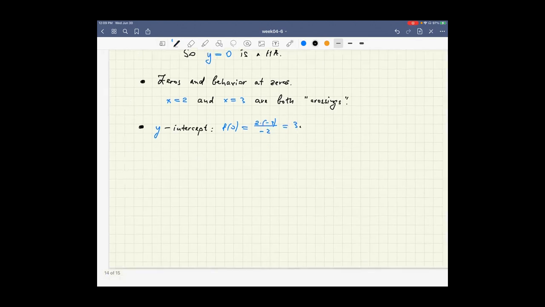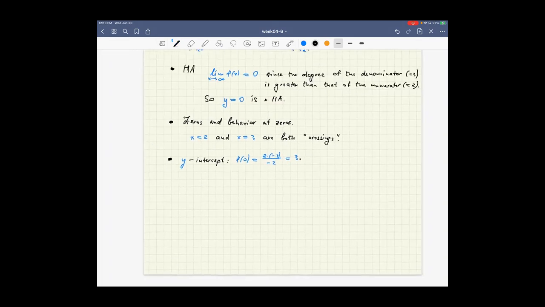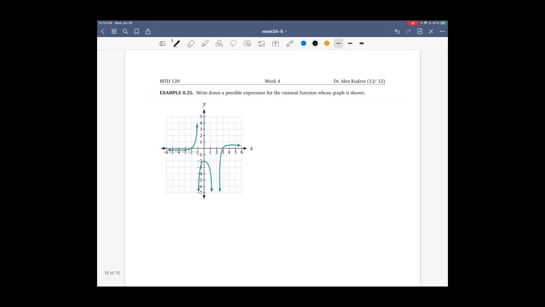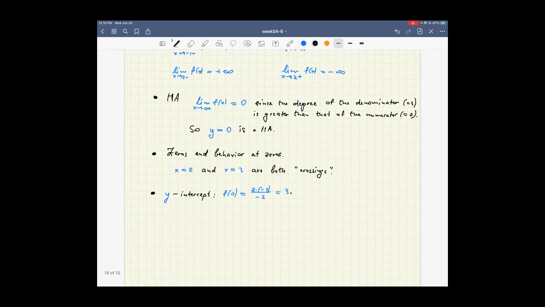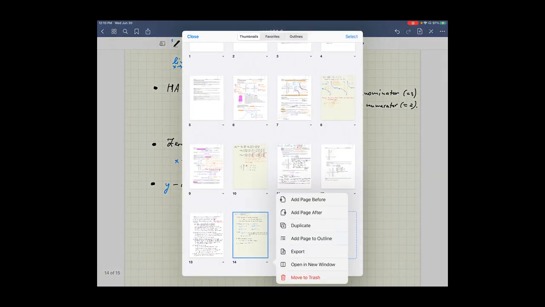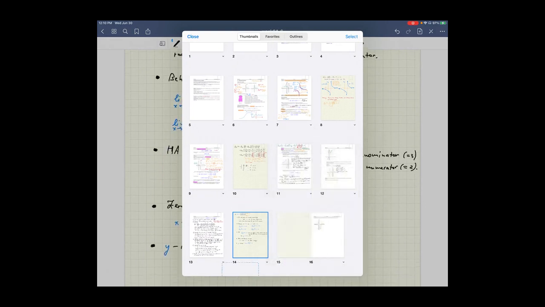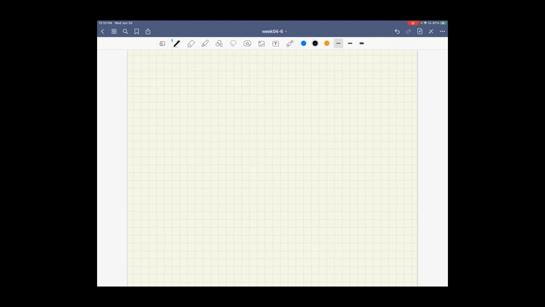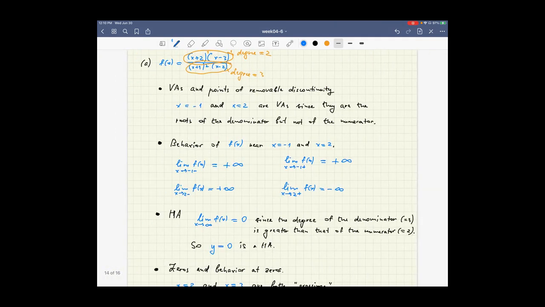And now we can draw the sketch of our function. Vertical asymptotes are negative 1 and 2.